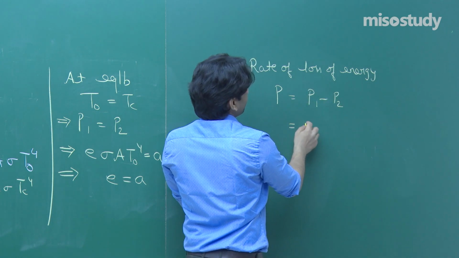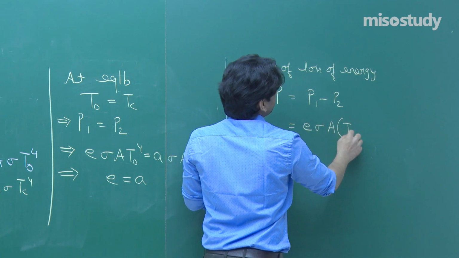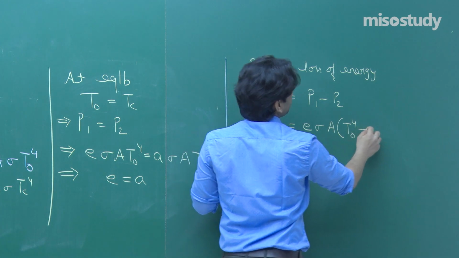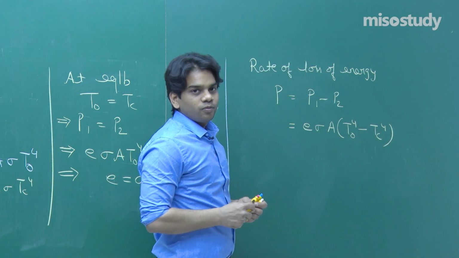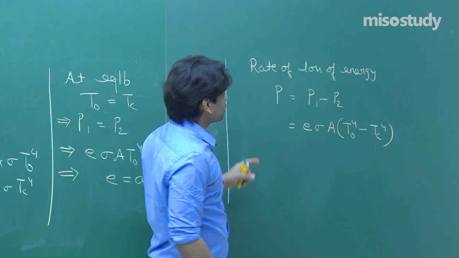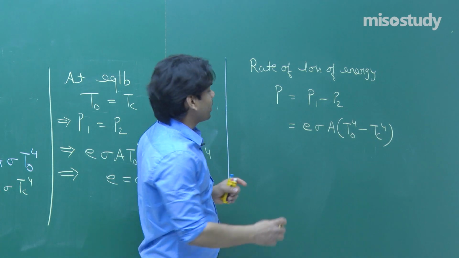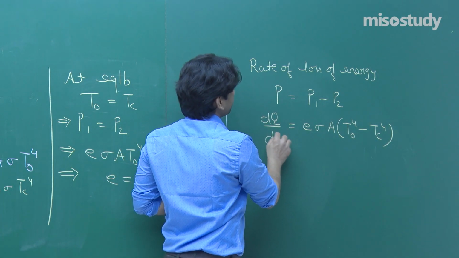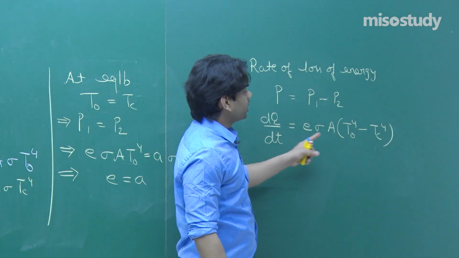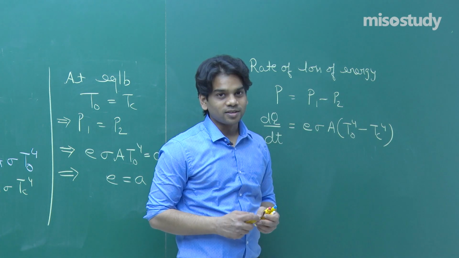So we can write E sigma A T naught to the power 4 minus Tc to the power 4. Whenever equilibrium is not attained, this will be the rate of loss of energy. P is what? dQ by dt. Rate of loss of energy dQ by dt is equal to E sigma A (T naught to the power 4 minus Tc to the power 4). With this rate it is going to lose energy.